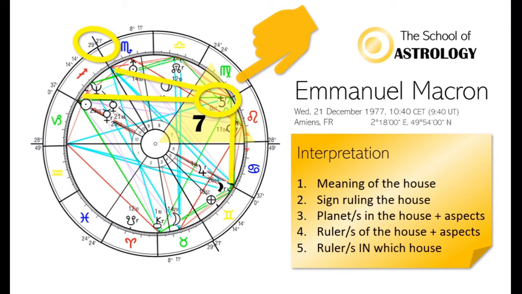Now the Sun here is, curious enough, also in a void of course. This would also mean that the personality without any aspect would not be well visible, because in the void of course the planet cannot manifest. Again, this is the President of France, so how did he pull this off, right?